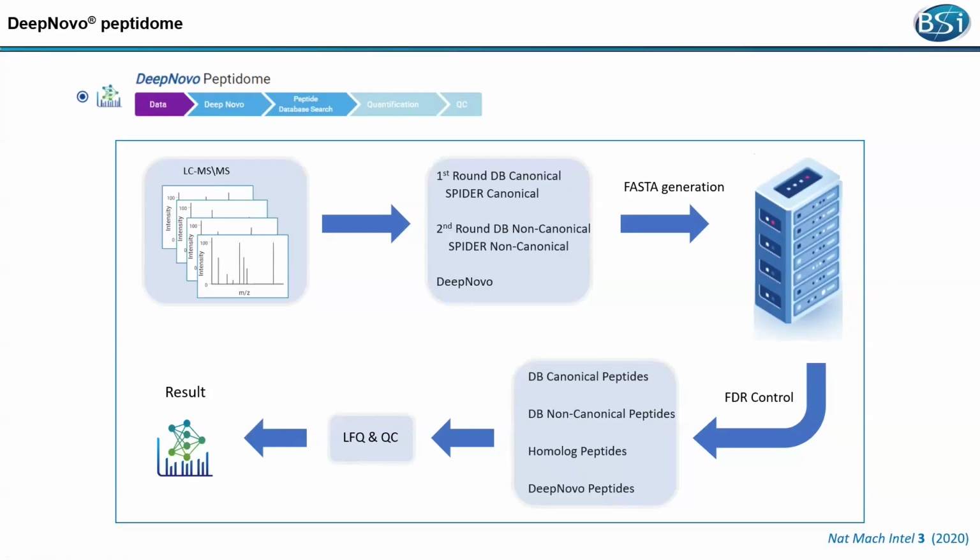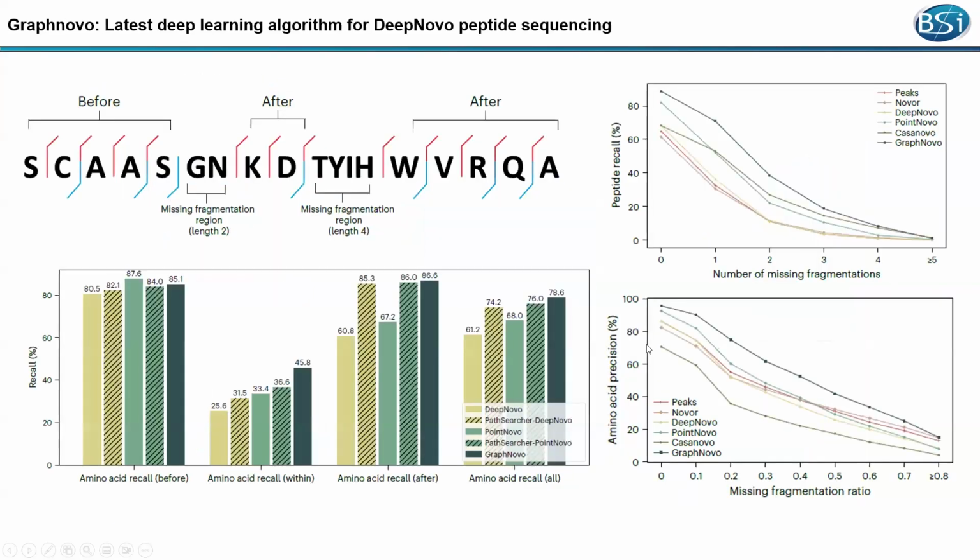So we said that an advantage of our software would be the de novo sequencing. To correctly identify neoantigens or non-canonical peptides with mass spec-based methods, we really need a good de novo sequencing algorithm. With our PEAKS 12.5, we use GraphNovo, which is our latest deep learning algorithm for de novo peptide sequencing.